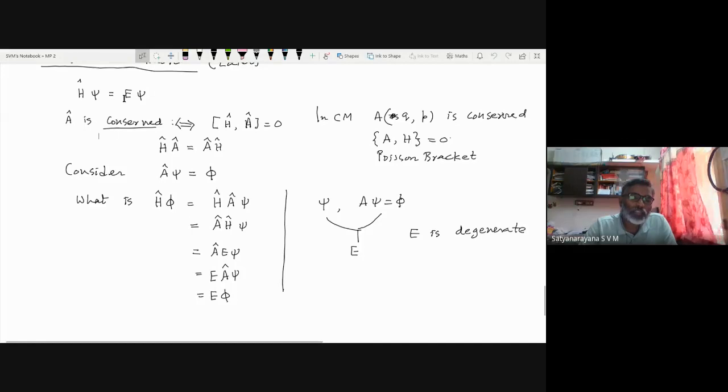So I start with H psi equal to E psi, and because H and A commute, H phi is also equal to E phi. That means psi and phi are two different states with the same eigenvalue. So if you have two different states with the same eigenvalue, then we say that eigenvalue is degenerate, right? Yes, sir. So that's the simple argument.